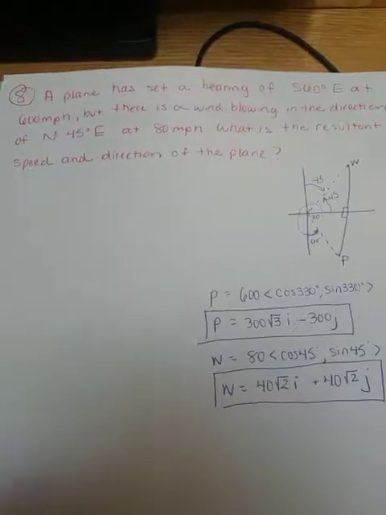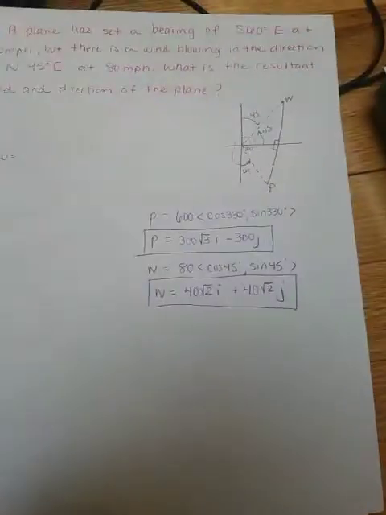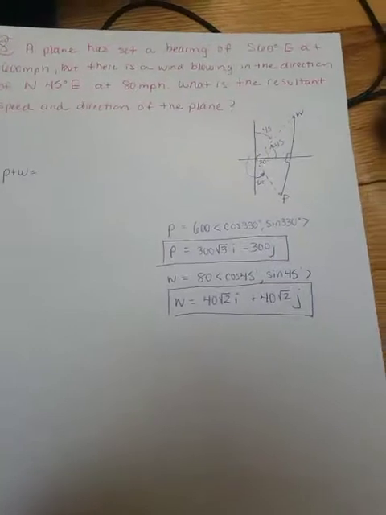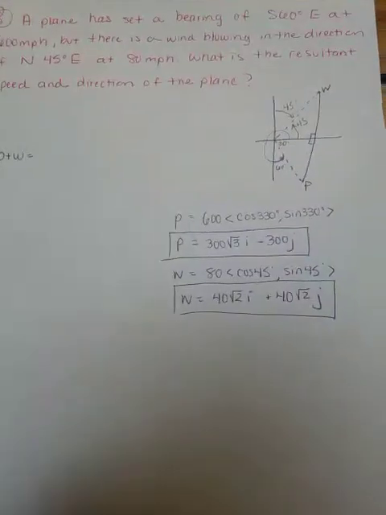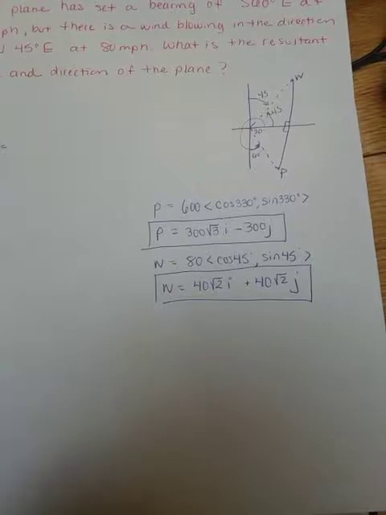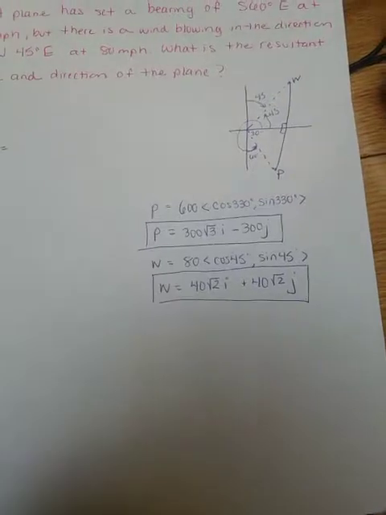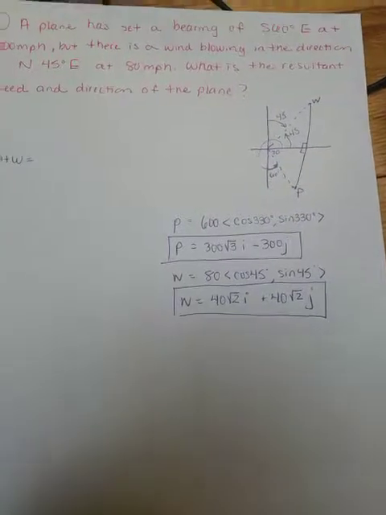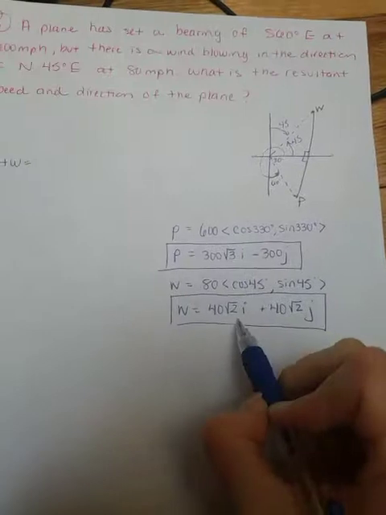So it is asking, what is the resultant speed and direction of the plane? We have to actually add those P and W together, and we will get an approximate answer. You want to use your calculator because we have some radicals here. So we should be doing 300 root 3 plus 40 root 2.